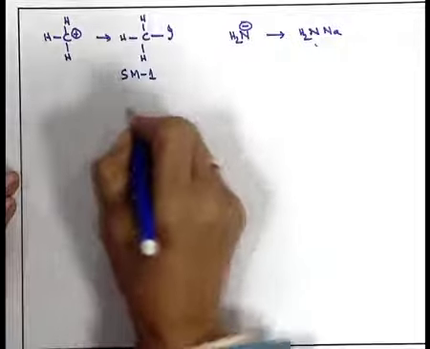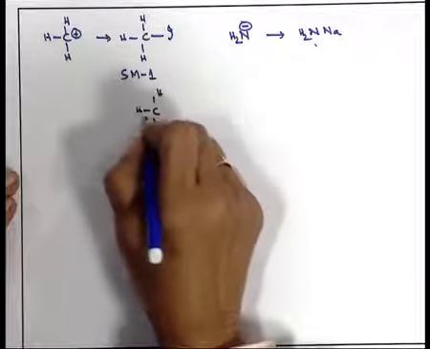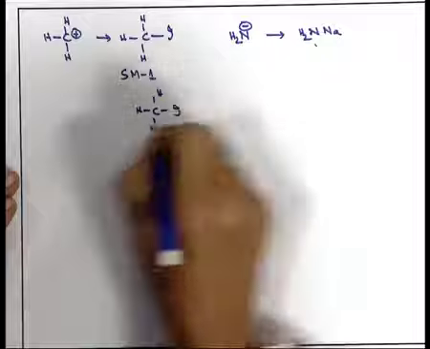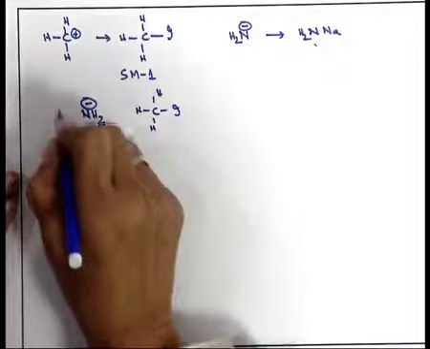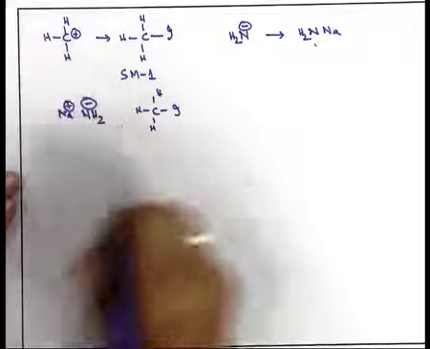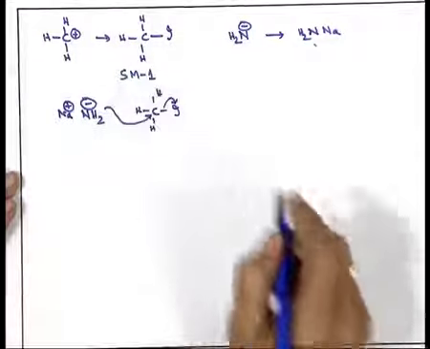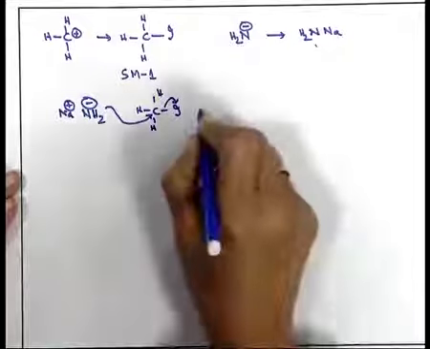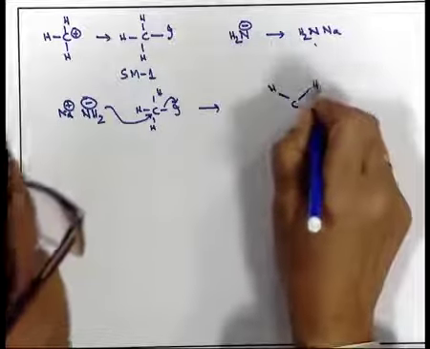So, what will happen? The methyl iodide will react with NH2 minus, the counter ion is Na plus. So, this will attack this carbon and the carbon iodine bond will break. So, we will get some sort of transition state.